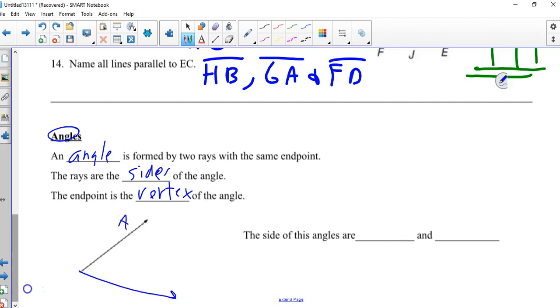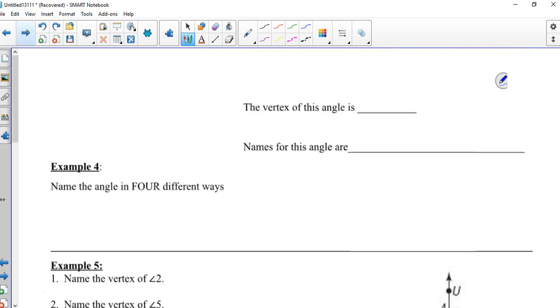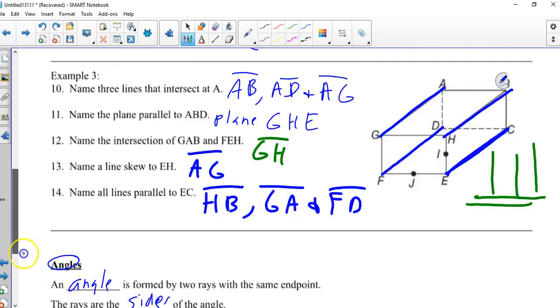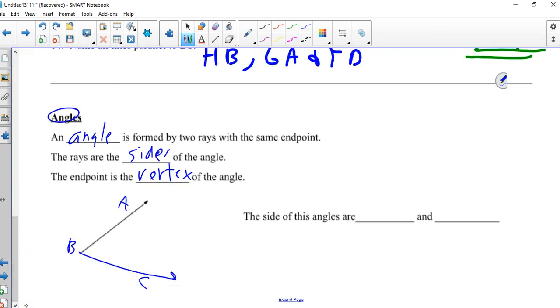So let's just call this A, B, and C. The sides of this angle went over to the next page. Don't know why that happened, sorry. The sides of this angle are BA, and we say it's a ray starting at B, and BC. That's the ray symbol, starting at B and going out.